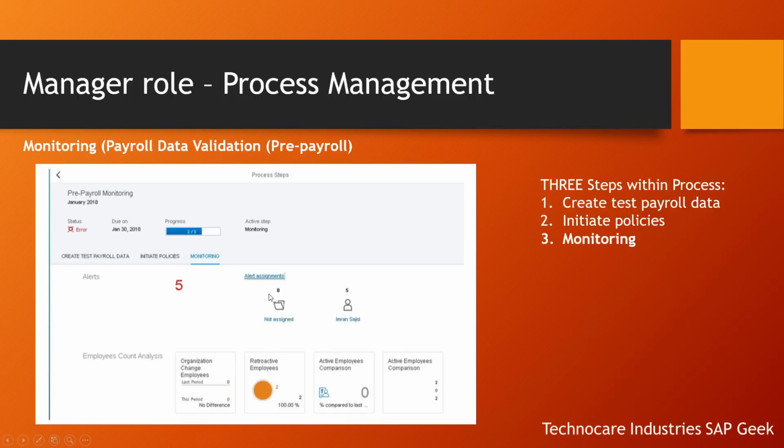Now how this assignment happens, that also we will see shortly. Okay, so from here itself, the manager can go and click on, let's say, this administrator to check what are the different errors which are present in the employee's data and which are assigned to this particular administrator. So from here he can basically monitor which administrator is working on which alerts.